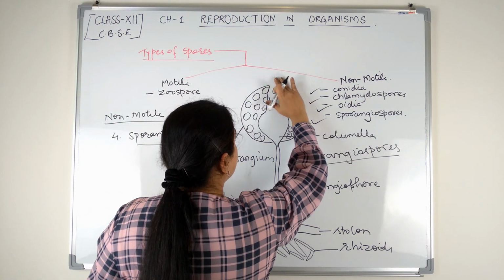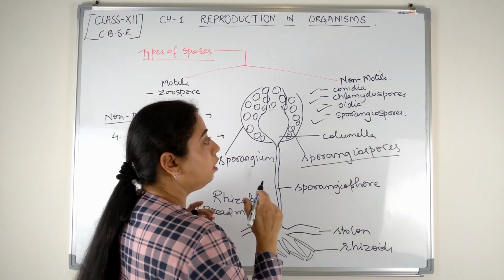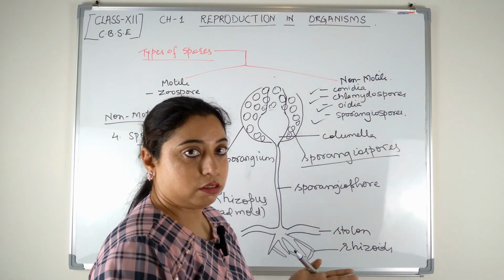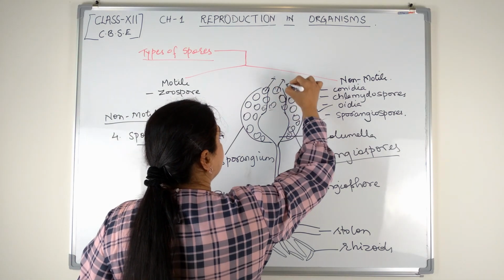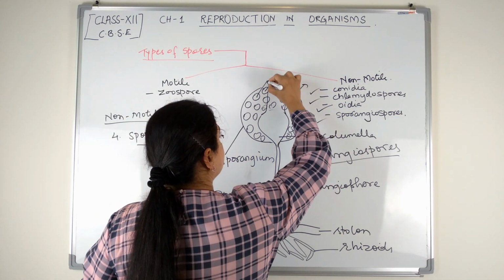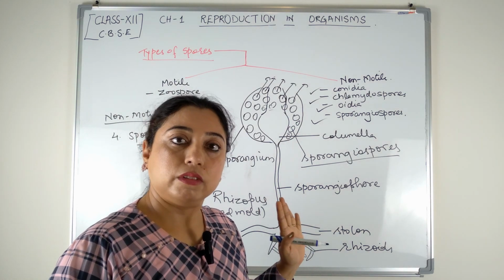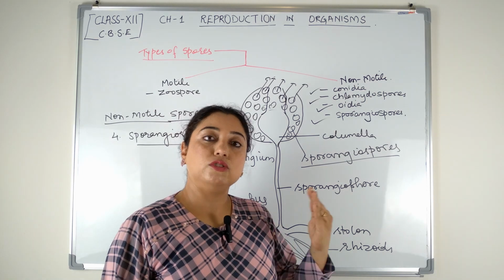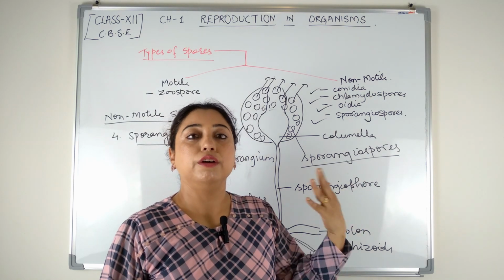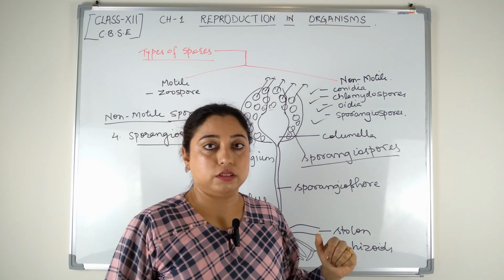Right. So from this particular portion, the sporangium breaks. When the sporangium breaks down, it opens up, it splits open. The spores are released out. The sporangiospores are released from this particular space. Right. And these spores, on finding the suitable substratum, germinate and produce a new mycelium, which gives rise to Rhizopus.